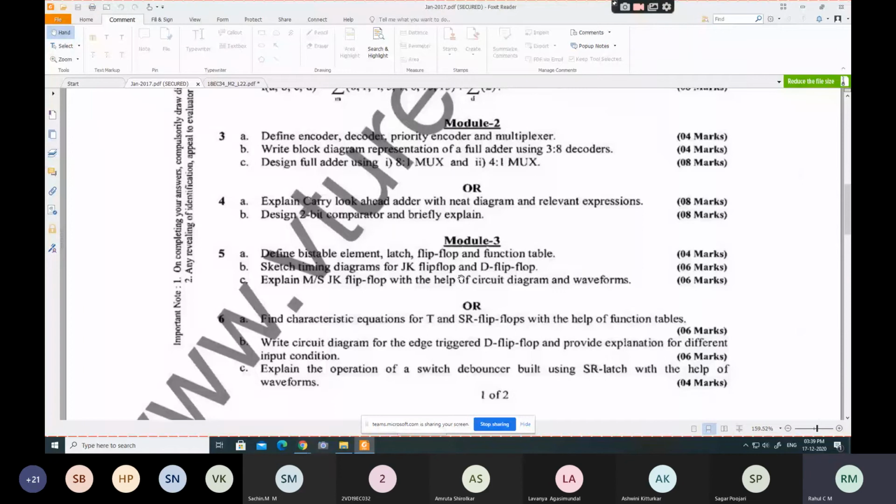Anyways. So, design a full adder using an 8:1 mux and a 4:1 mux. Design a full adder using an 8:1 mux and a 4:1 mux.